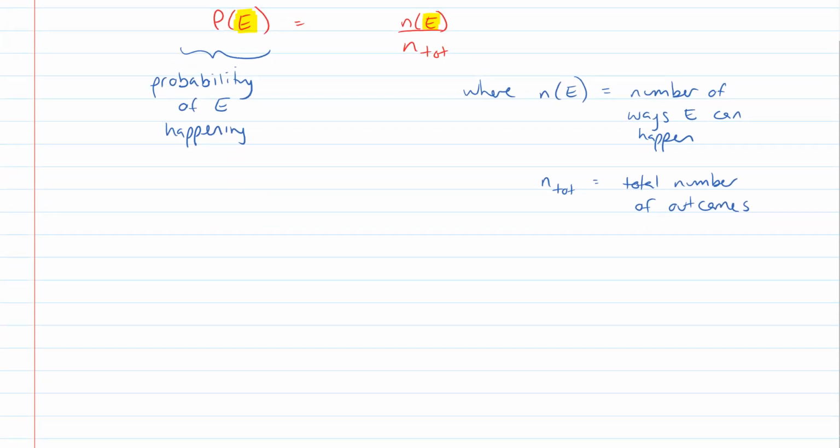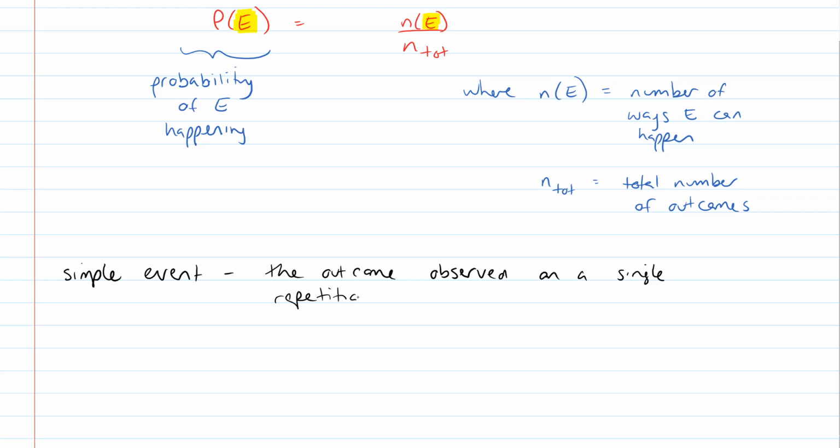We also need a little bit of vocabulary, so let's learn a couple of new terms. Simple event, that is the outcome observed on a single repetition of an experiment.